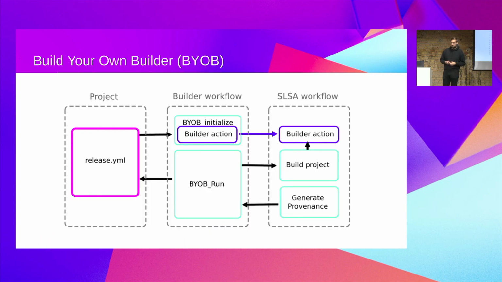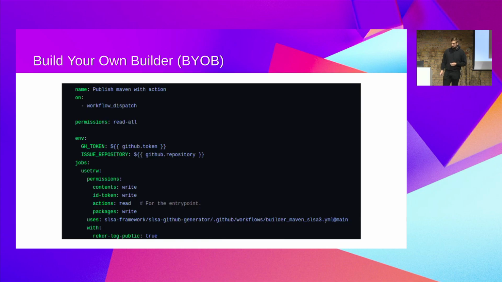And finally, let's look at it from the user perspective. The user who wants to build and package their Maven project and include provenance, which is the one all the way out there on the left, marked with pink. This is how they do it.